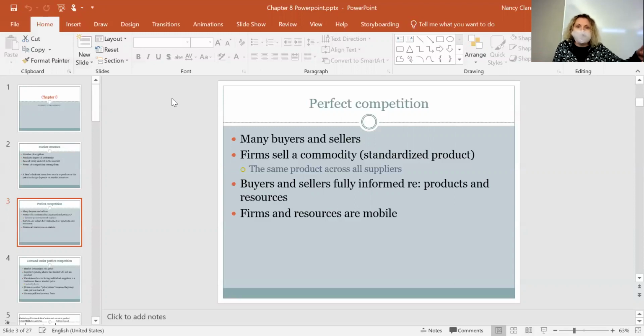Who's the producer? Where did it come from? I do not discriminate between those apples. I take the apples and I go, right? Now, if it's an organic apple, that's a slightly different market, you know? I mean, there are special apples, if you will, but I would say your general supermarket non-organic apple is going to be an example of a perfectly competitive good in a perfectly competitive market.